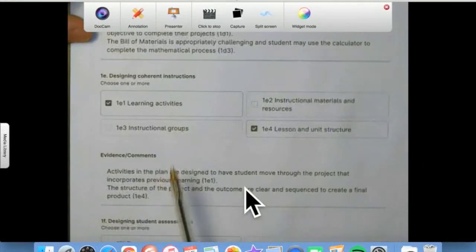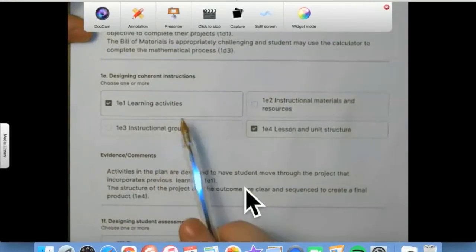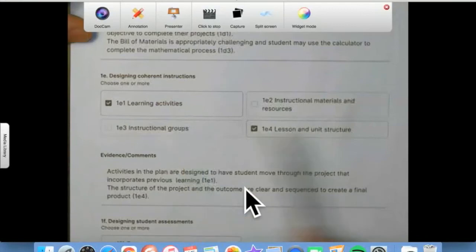Essentially, my learning activities, my lesson and unit structure, okay, those were very coherent. She saw the process. We didn't talk about instructional groups or materials and resources that much until the post-conference. So those were not checked here for that reason.